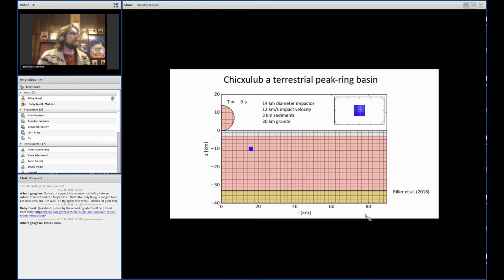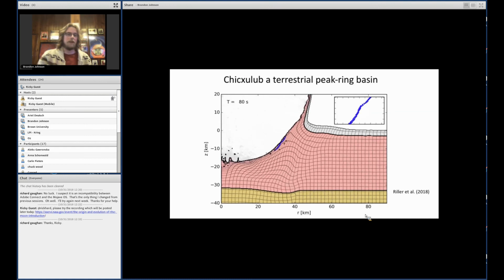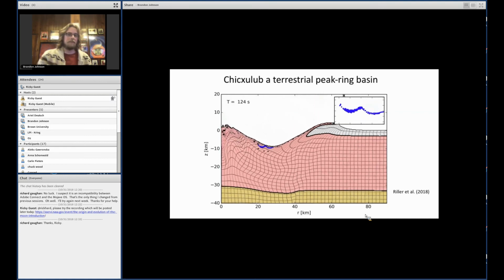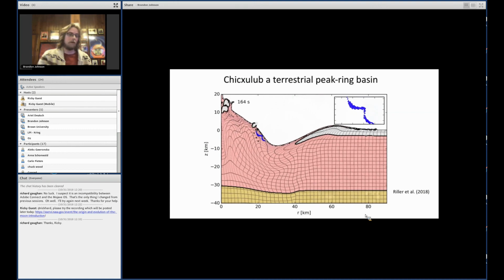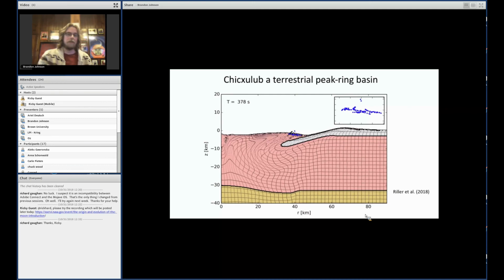On the top right is the same patch of material, and we can see how this material deforms over time. As we form the transient crater, that patch of material stretches vertically, and then it collapses into the transient crater and makes a part of that central uplift, which is unstable, and it collapses, pushing out over these sediments and forming the peak ring of the basin.